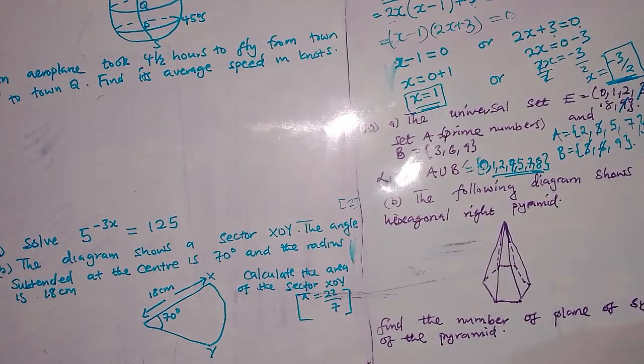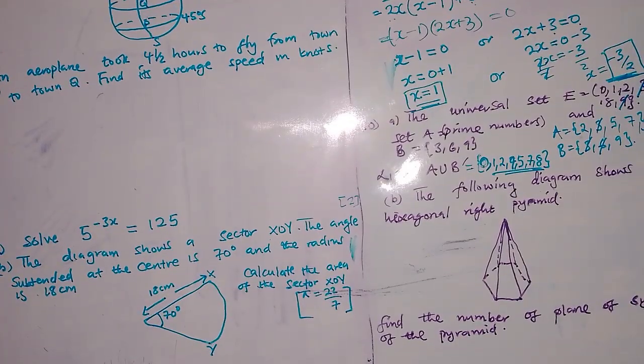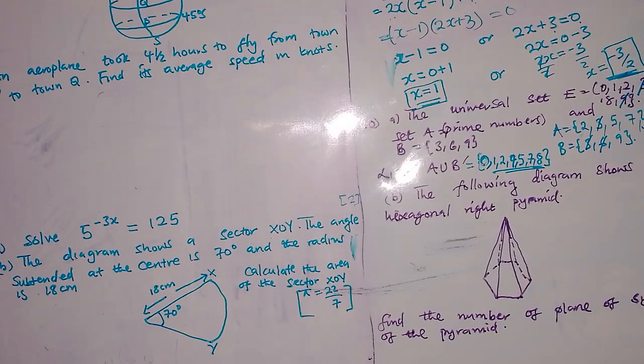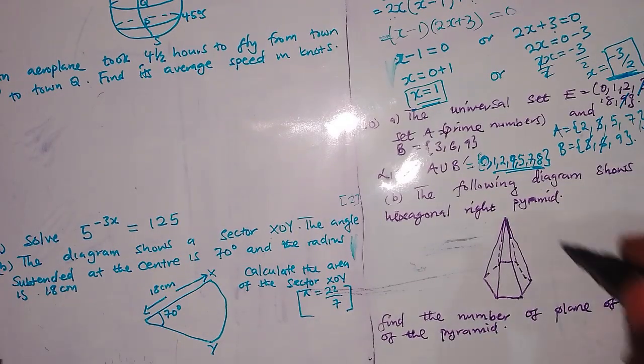So paper 1, you have to use the strategy. So question 10, the following diagram shows a regular hexagonal pyramid. Find the number of planes of symmetry. First you need to understand the meaning of plane of symmetry.